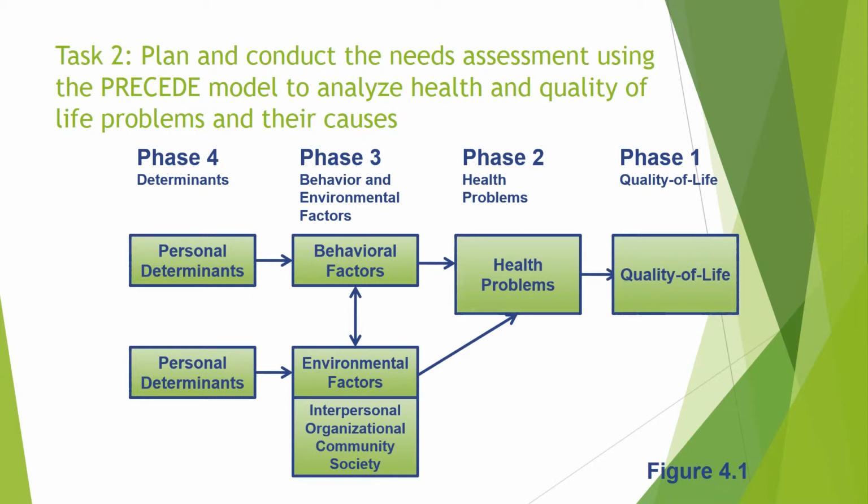All of those things are controlled by people, and each of those people who influence the environment has personal determinants of their own that lead them to do what they do. So we always have personal determinants affecting both behavioral factors, that would be the behaviors of the at-risk person, and the environment that person lives in.